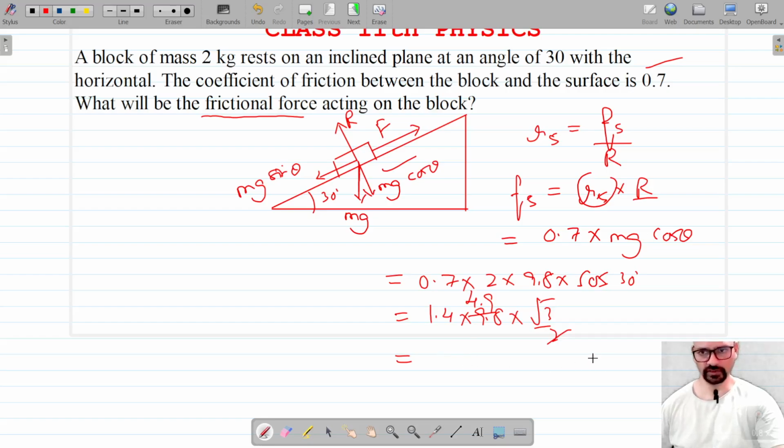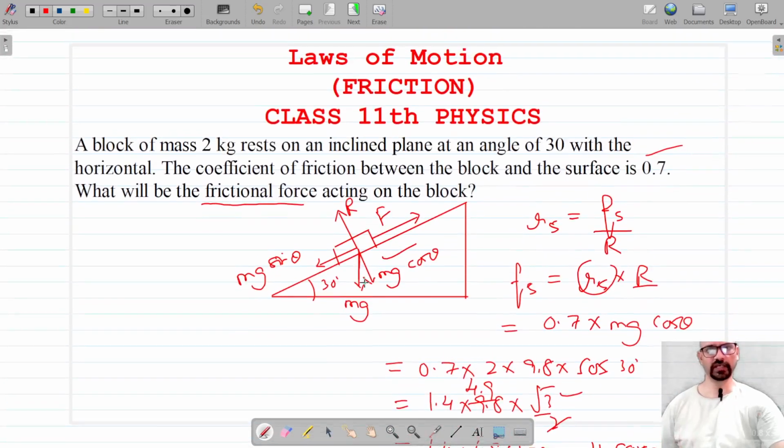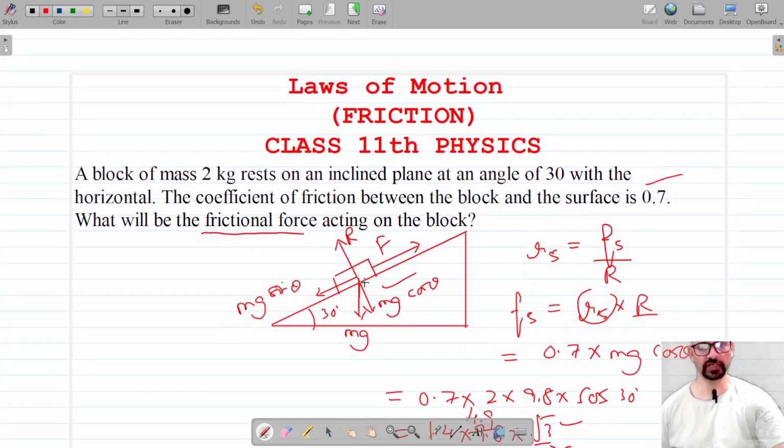So this is equal to 11.88152 Newton, and this is because of the multiplication of 1.4 into 4.9 into 1.732, which is the value of root 3. And if we round this off to 1 decimal place, this is 11.9. So 11.9 Newton is the frictional force acting on the block.